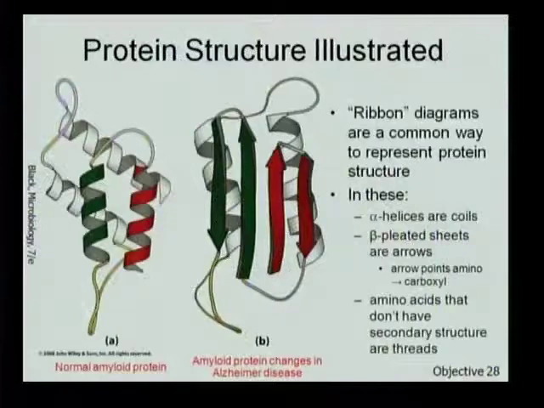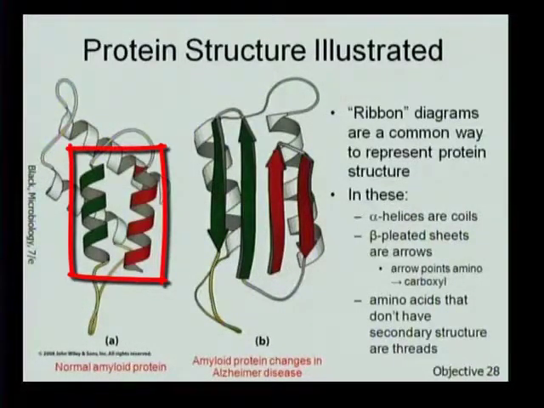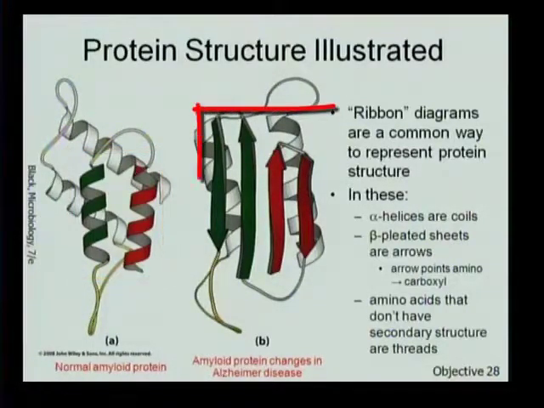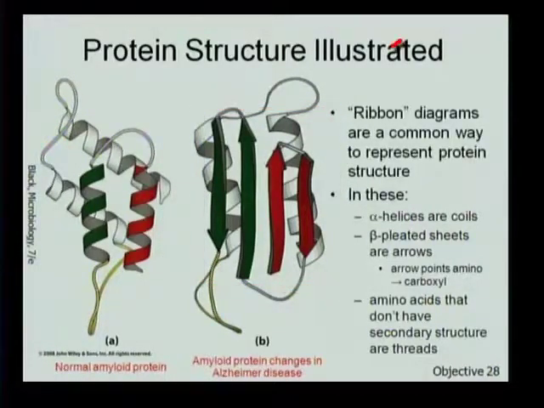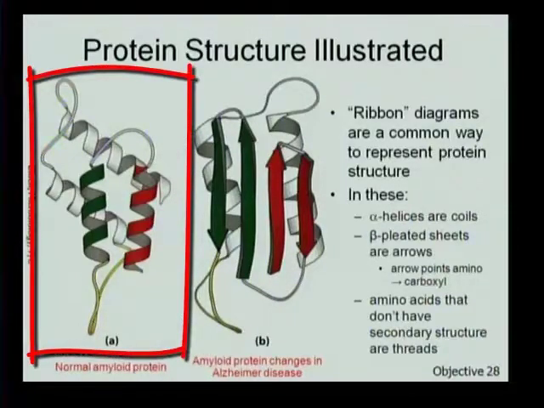When we illustrate these protein structures, we show alpha helices as coils. That's not too surprising. What may be a little surprising is we show the beta-pleated sheets as flat arrows. And in areas of the protein where we don't have secondary structure, we just show them as threads. An example of this from human medicine is a normal amyloid protein, which normally has 4 alpha helical coils in it with some thread-like unorganized structure in between.